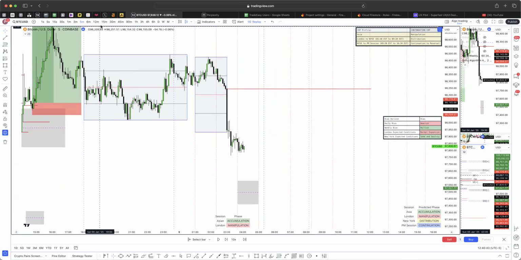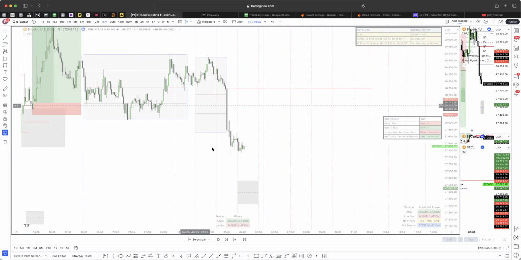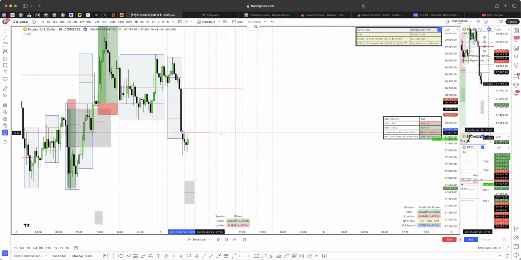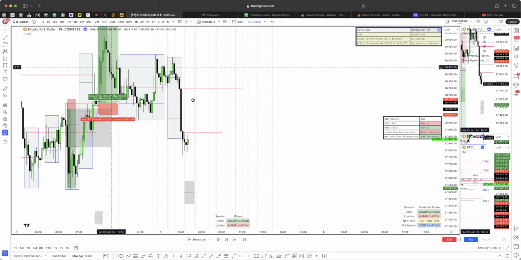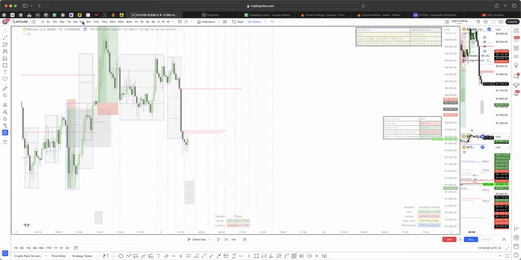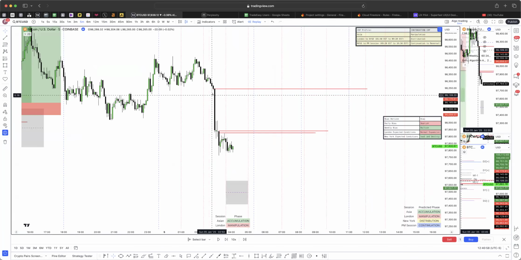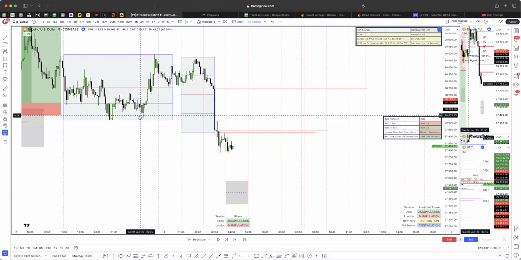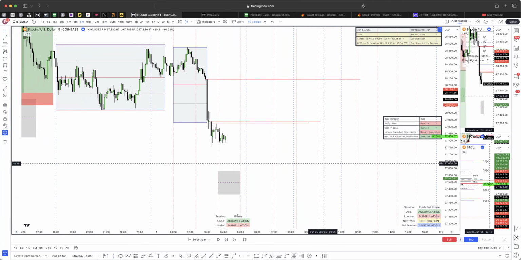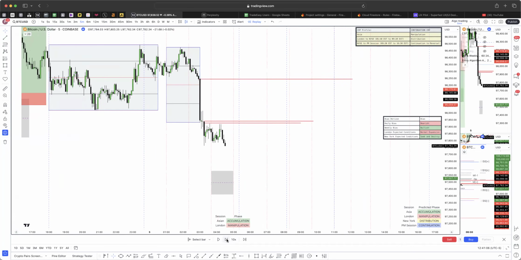If I look at the 15-minute chart, my point of inducement is either this, because it overlaps with the low, or this. Now if you go back to the 5, we can see that this one big candle was responsible for taking out the Asian low. So that's also that. Where is my inducement? Can you see?